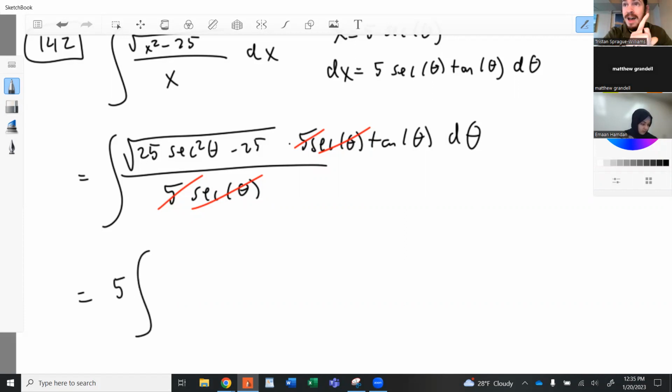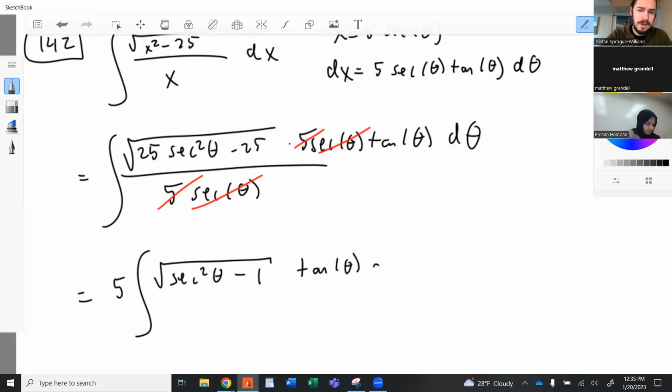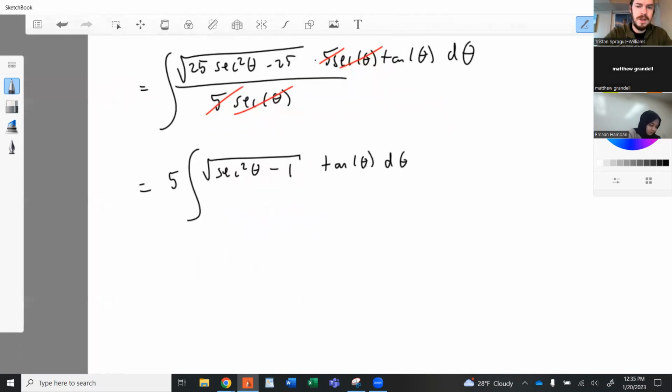So there's going to be a constant factor of 5 left over from that 25. That leaves us with just square root of secant squared theta minus 1 inside there, and then we have just tangent of theta d theta left over out there.